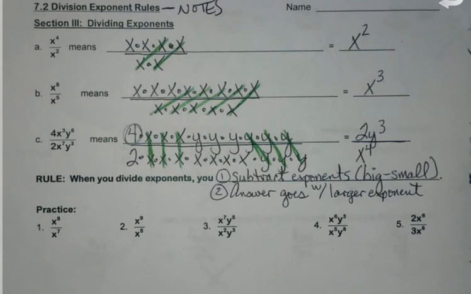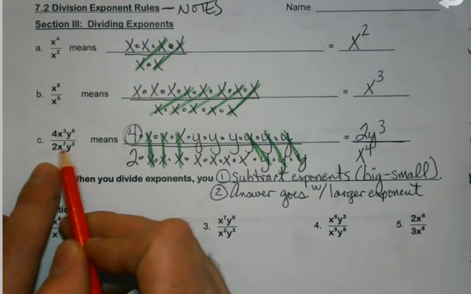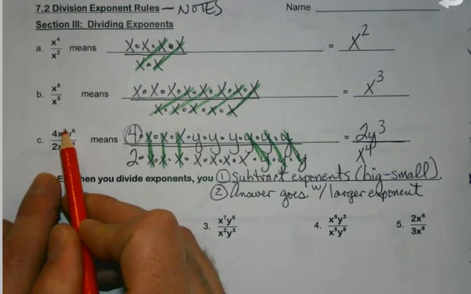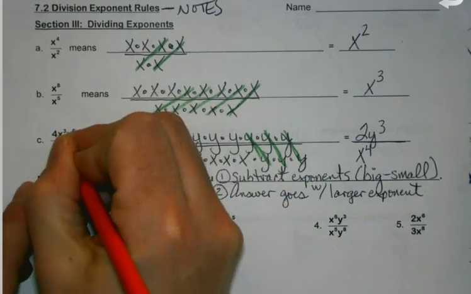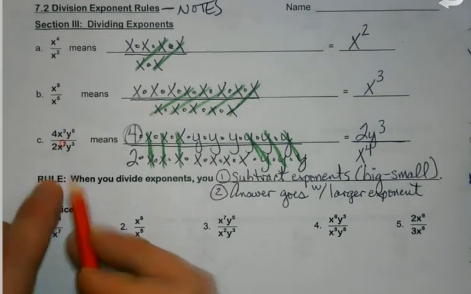This ends up being easier than always doing top minus bottom and then having negative exponents and having to play that game, even though we'll talk about that a little bit. So here's what I mean. If I go back and look at the example we just did, example C, 7 minus 3 is 4, but where is the bigger exponent? It's down in the denominator.